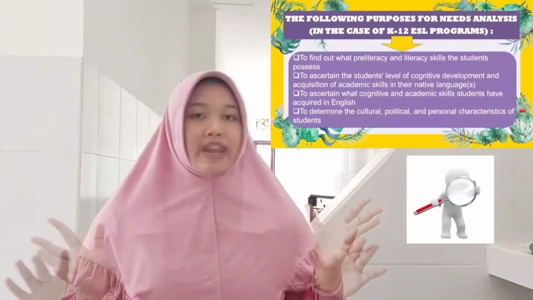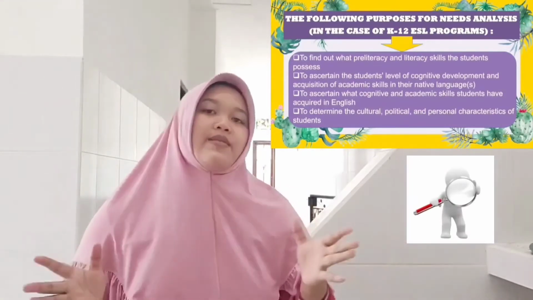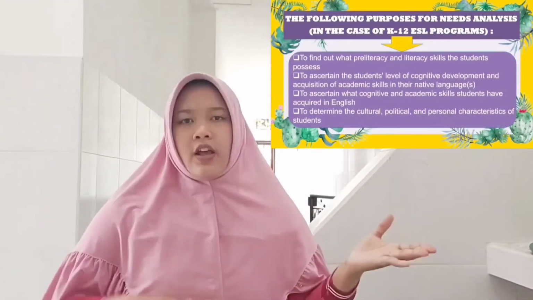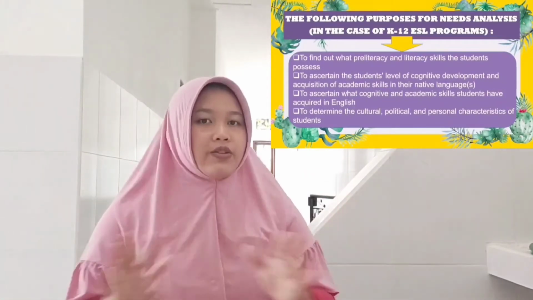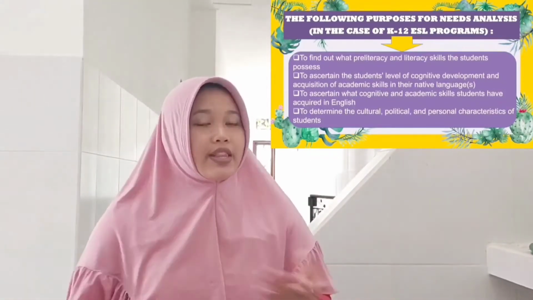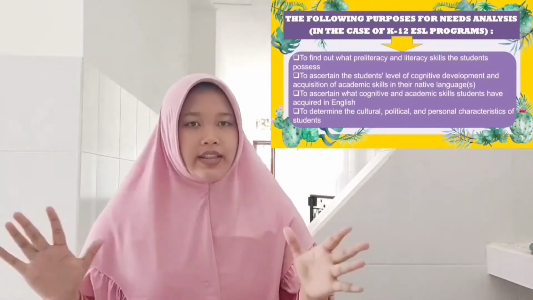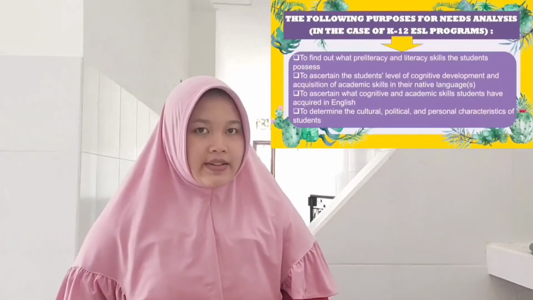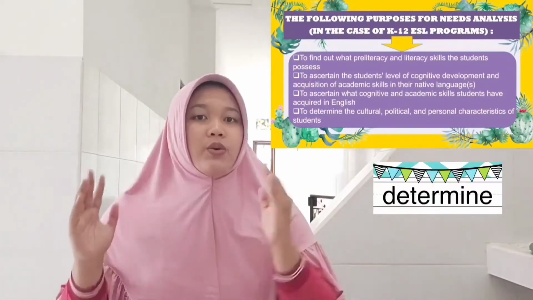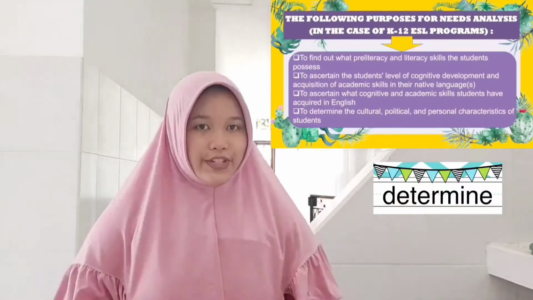Then is to find out what prior literacy and literacy skills the students possess. Then to ascertain the students' level of cognitive development and acquisition of academic skills in their native language. And then to ascertain what cognitive and academic skills students have acquired in English. And that is to determine the cultural, political, and personal characteristics of students.